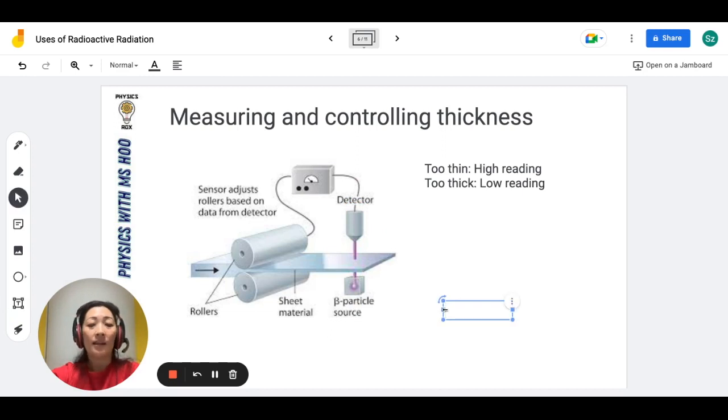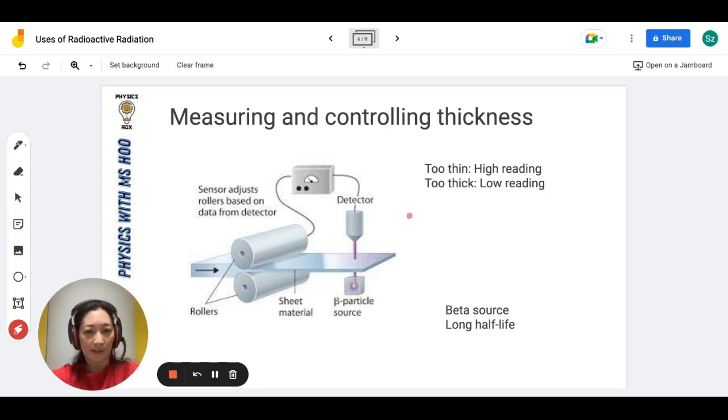That's why this is normally a beta source, because beta has a penetrative power that lies between alpha and gamma. So when it's too thin or too thick, beta can show a difference in the reading. Again, we want a long half-life so that we don't have to keep changing the material inside the radioactive source.